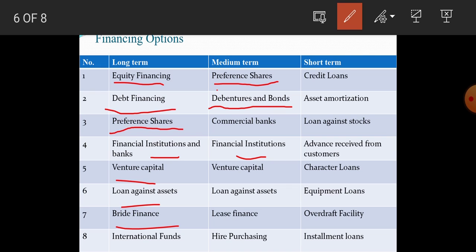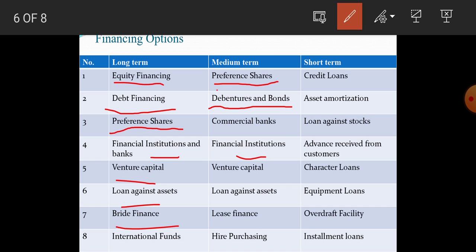It refers to a loan taken by a firm, normally from a bank, for a certain period against pending disbursement of sanctioned loans. If there is a delay in disbursement of a certain loan, then till that delay the company gets a loan, so they bridge that gap.